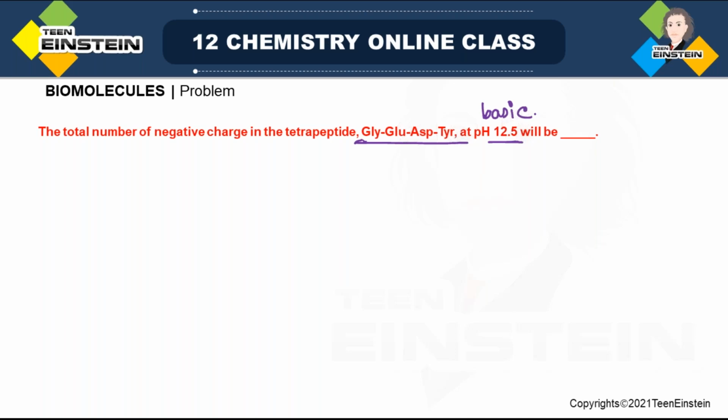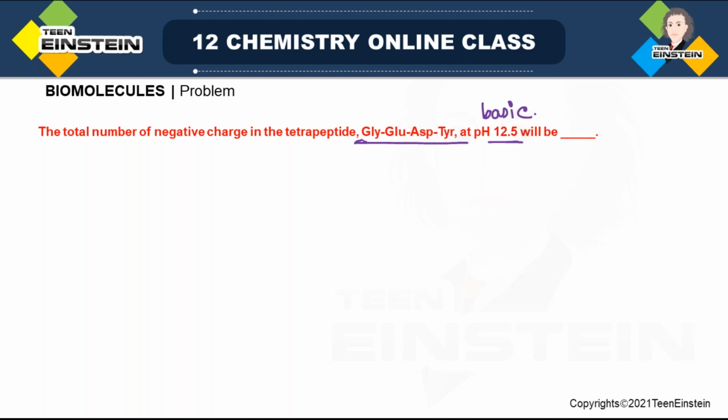So negative charge and positive charge are both present. But it is asking the total number of negative charges and also it is a basic medium, that you have to keep in mind, because there is an acidic group, and if it is basic medium, obviously it will remain in deprotonated state, and deprotonated state means there will be negative charge, but also there is positive charge. So we have to consider everything.